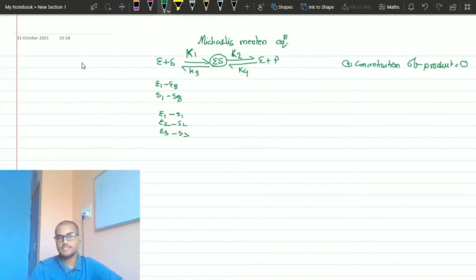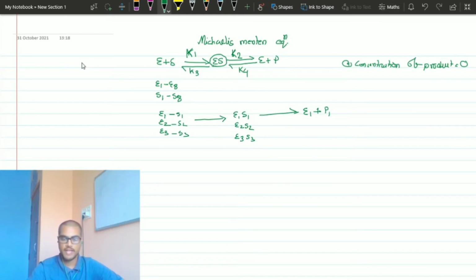Now all of these 3 enzymes and 3 substrates bind with each other and form the enzyme-substrate complexes, that is E1S1, E2S2 and E3S3. Among these 3 complexes, only E1S1 further follows the forward reaction and forms enzyme 1 plus product 1.